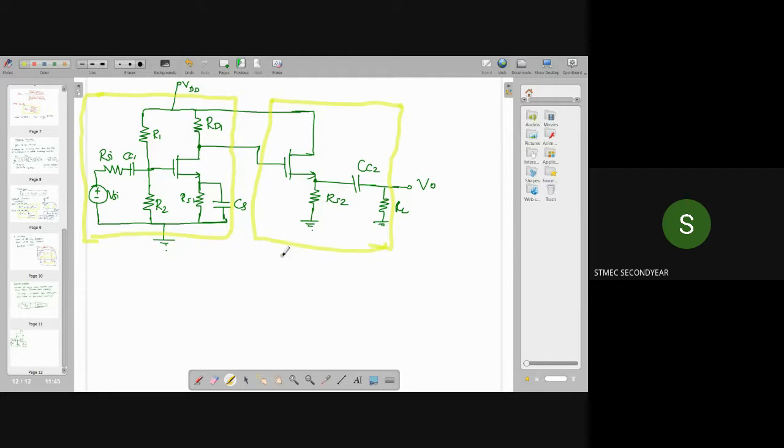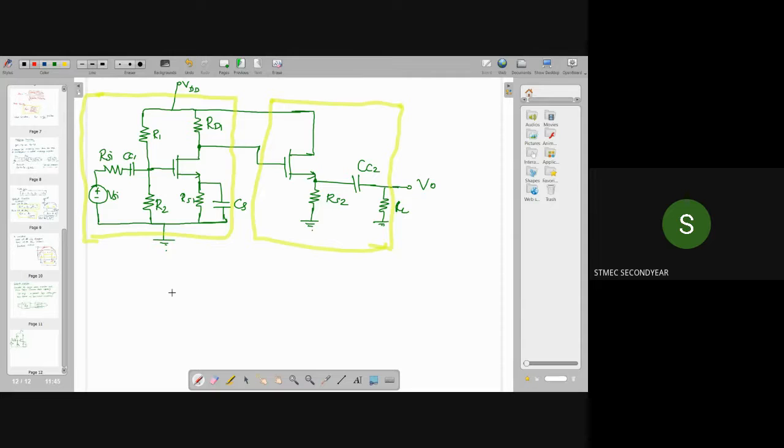For that, first of all, you have to draw the small signal equivalent model for the cascade amplifier. So first I am going to draw the small signal equivalent model for this common source configuration, that is the first stage.